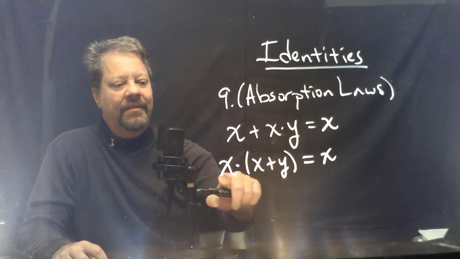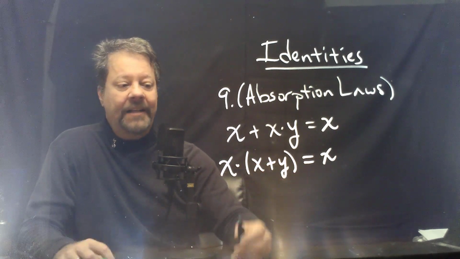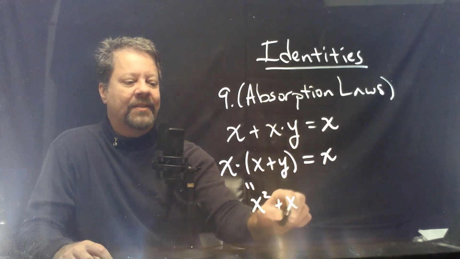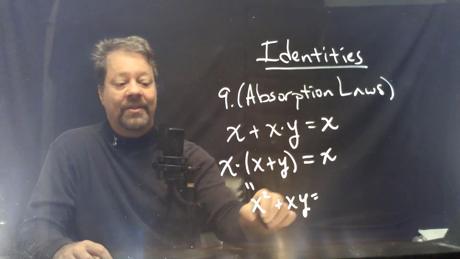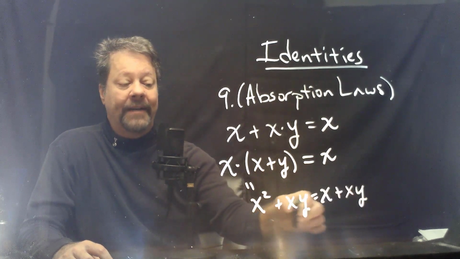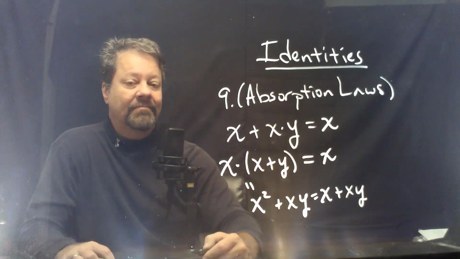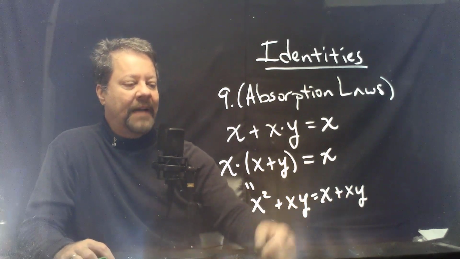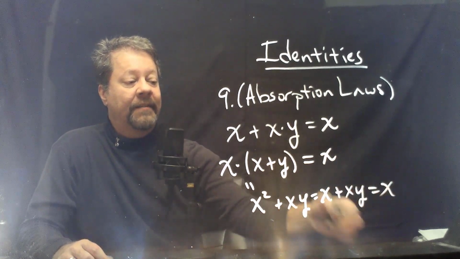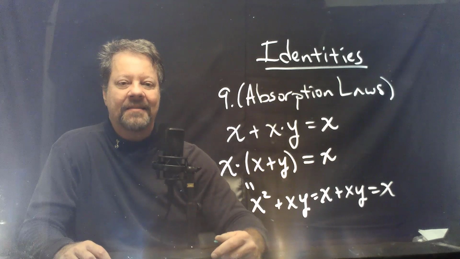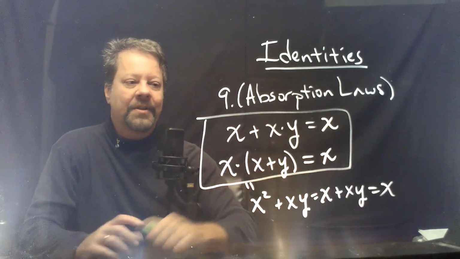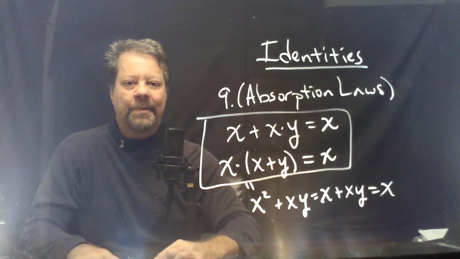So here, you can kind of think of this as x squared plus xy, but x squared is x, as we've demonstrated already. X times x is x by the idempotency laws. And then we already know from above that this expression yields only x. So we get these two absorption laws. So you can simplify expressions using these principles.